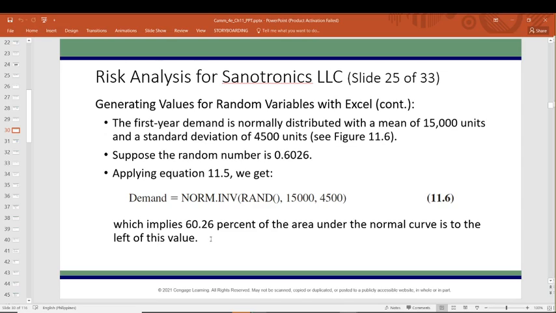Which implies that 60.26% of the area under the normal curve is to the left of this value. Applying the equation, the formula is NORM.INV, that is the inverse of the normal cumulative distribution for the specified mean and standard deviation.